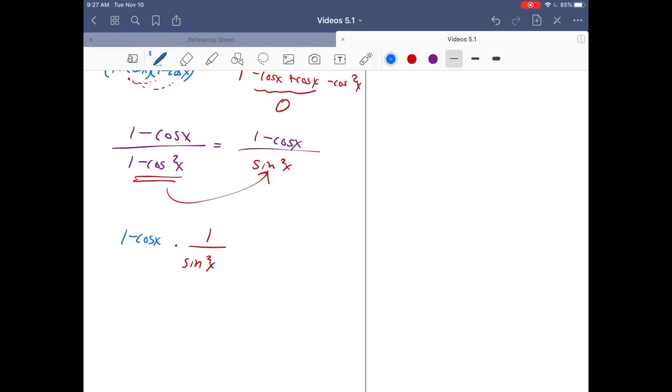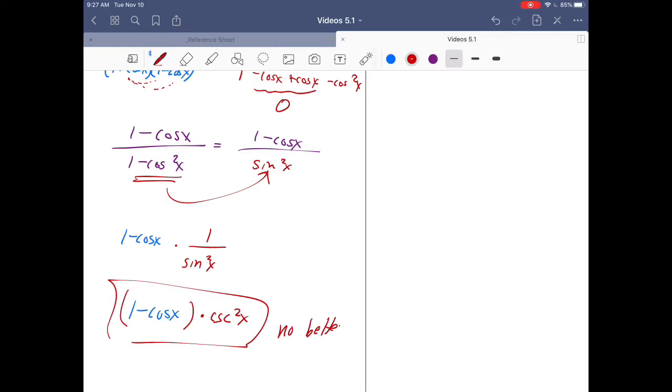And then, if you really, really wanted to go crazy, make that into a cosecant squared. But as far as I'm concerned, this is no better than that, with the exception of maybe that there's no denominator.